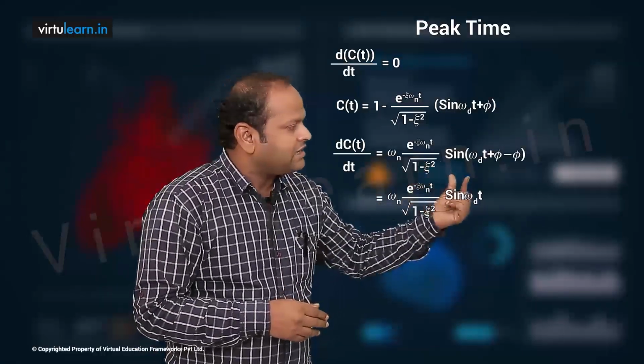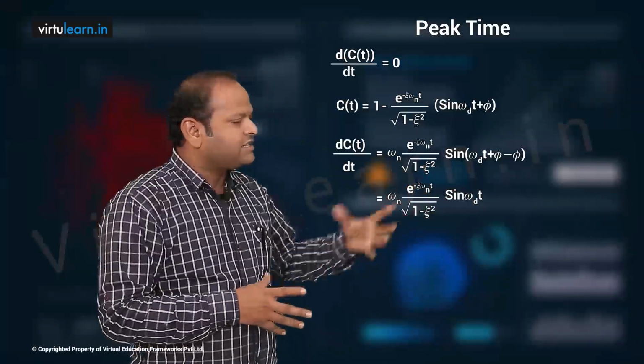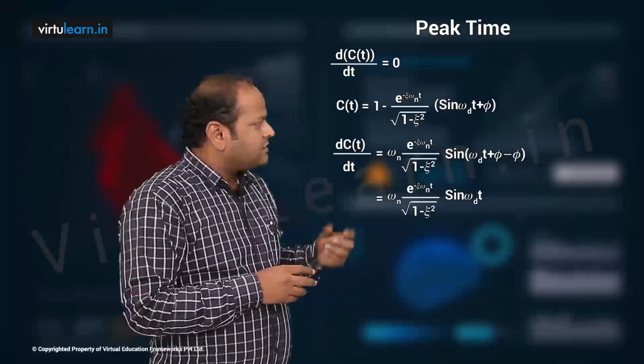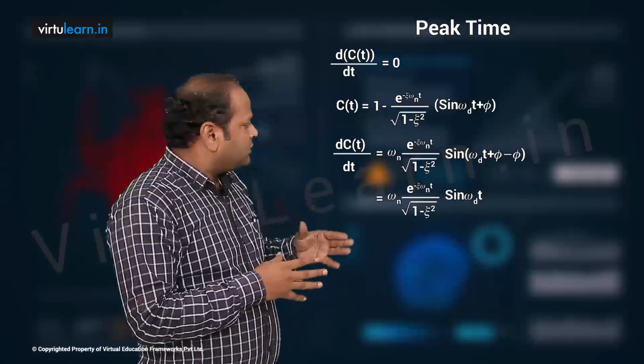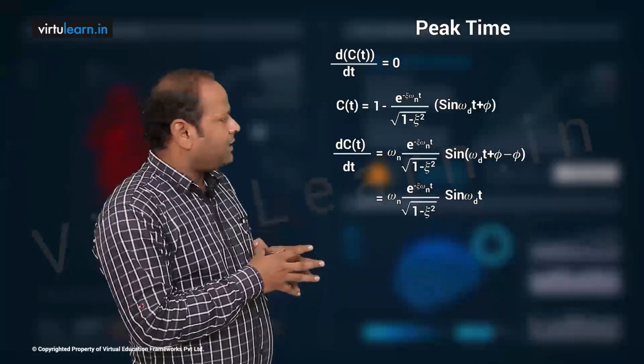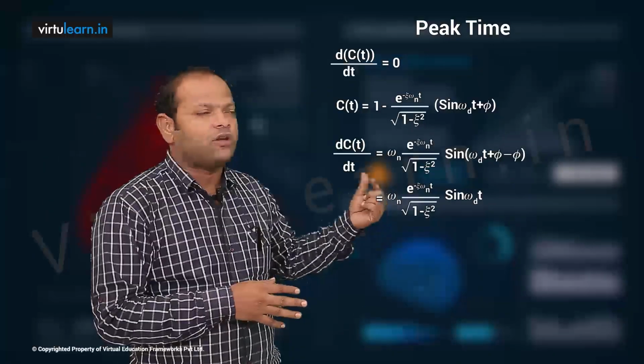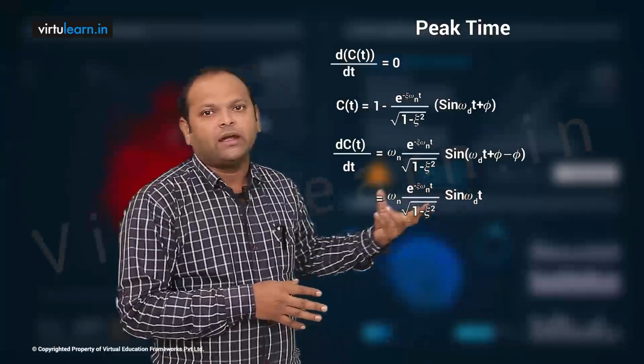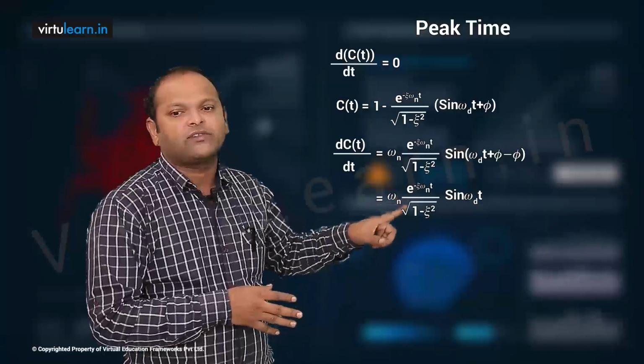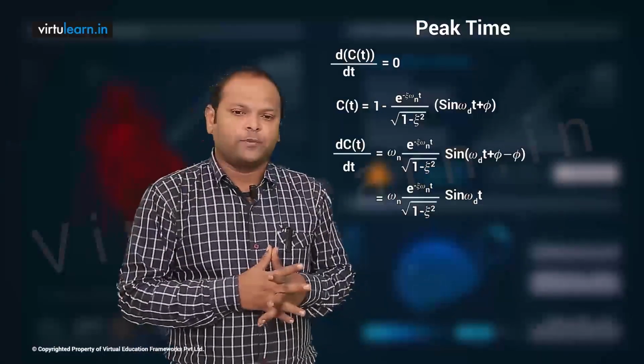So we can cancel the plus phi minus phi, which results in only sine omega d t. So dc of t by dt is equal to omega n into e power minus zeta omega n t divided by under root 1 minus zeta square sine omega d t.